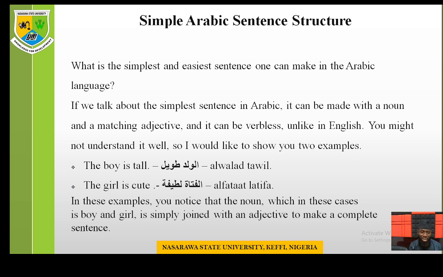You must apply a verb before it gives you a correct and perfect sentence. So you apply "is", then you tell us about the boy. The boy is tall. In these examples, you notice that the noun, which in this case is boy and girl, is simply joined with an adjective to make a complete sentence.